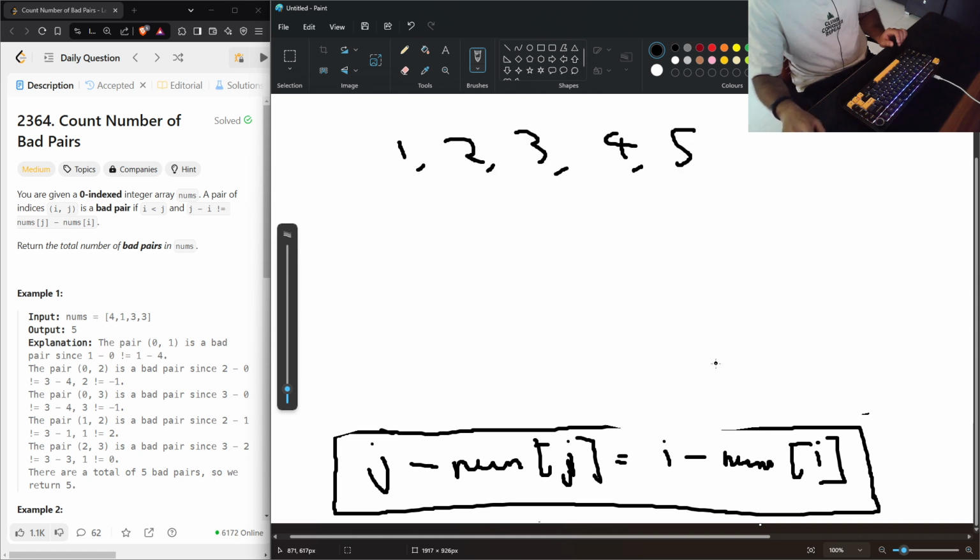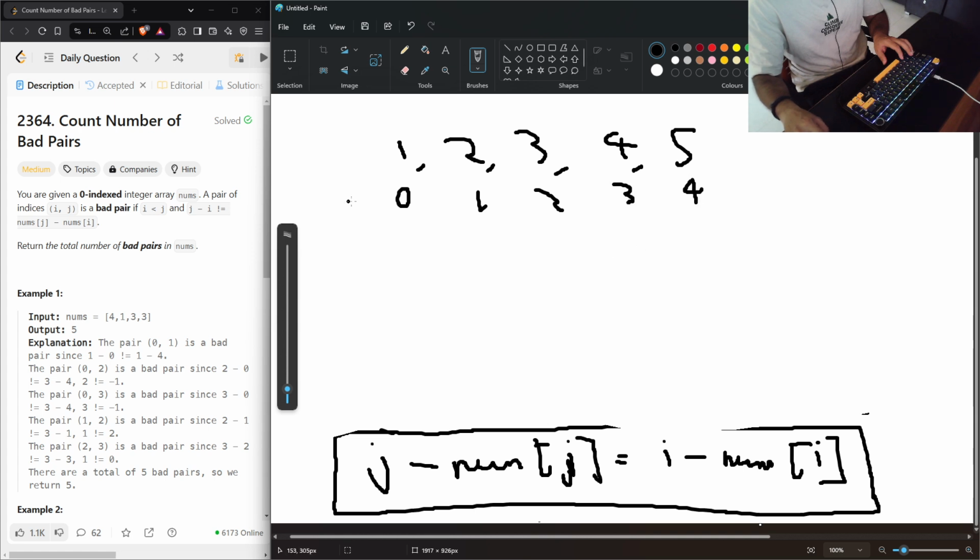Now we need to find all those pairings of j and i, or you could say i and j, where this particular equation is satisfied: j minus nums j is equal to i minus nums i. Let's take this example. We are starting with index 0, at indexes 0, 1, 2, 3, 4.